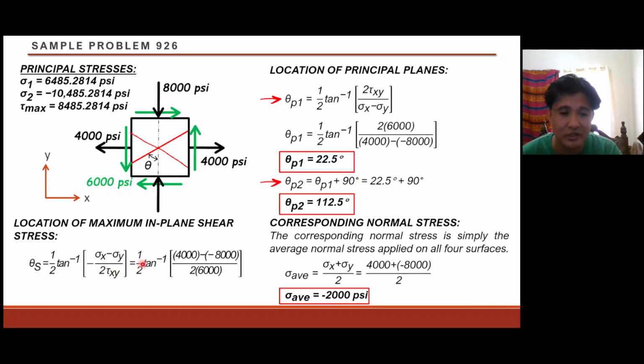And then substituting the values, so we have 1/2 arctan of 4,000 minus negative 8,000 all over 2 times 6,000. We will get yung theta or yung location ng maximum shear stress to be negative 22.5 degrees. Okay? Please confirm kung parehas tayo ng nakuhang angle.